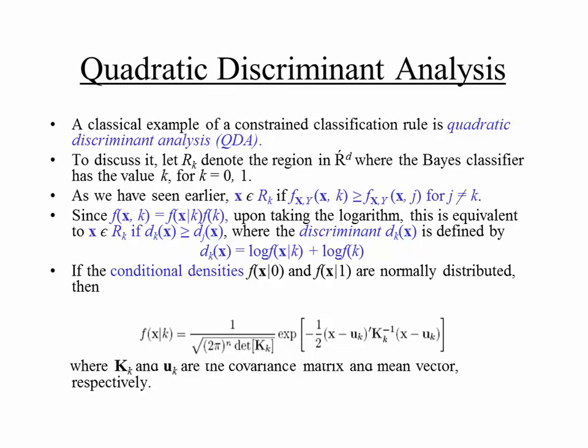F of x conditioned on k will be 1 over the square root of 2 pi to the power of n, times the determinant of the covariance matrix, and then e to the power of minus one half, x minus the mean of that particular class, transpose, inverse of the covariance matrix, x minus the mean of that class. This is the formula for the density function of a multivariate Gaussian, right?